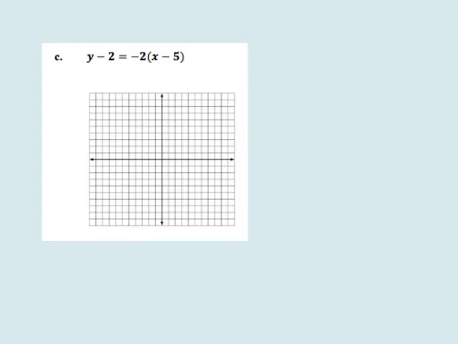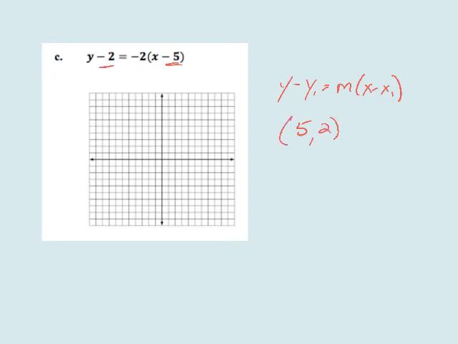If I'm graphing this equation here, it's in point slope form. Remember, point slope form said y minus y sub 1 equals m times x minus x sub 1. Therefore, the x point is 5 and the y point is 2.